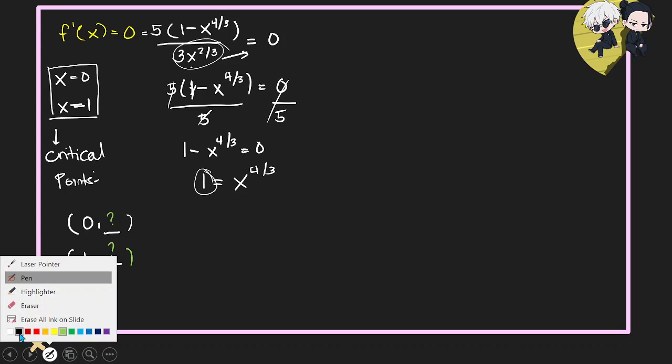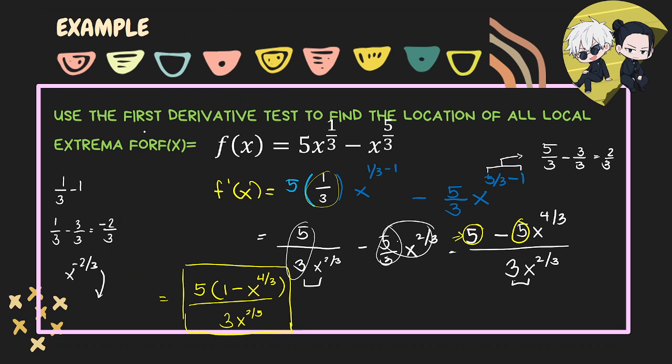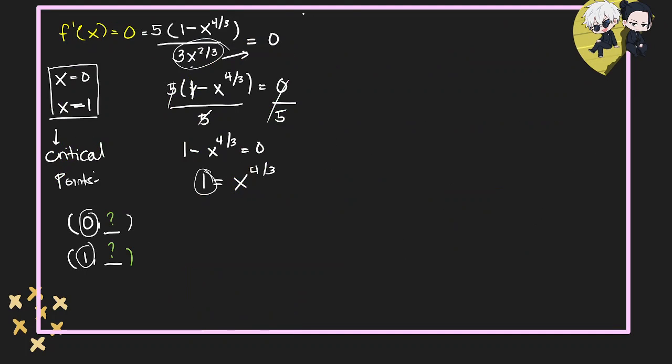So, what are we going to do? In order for us to find that, we are just going to substitute this x value on the original function. Okay? So, what's our original function? We will have 5x raised to 1/3 minus x raised to 5/3, di ba? So, we have 5x. Our original function is f.